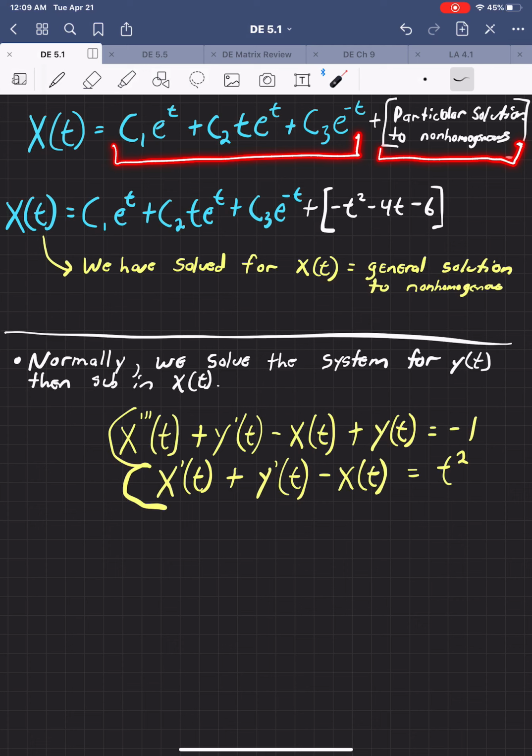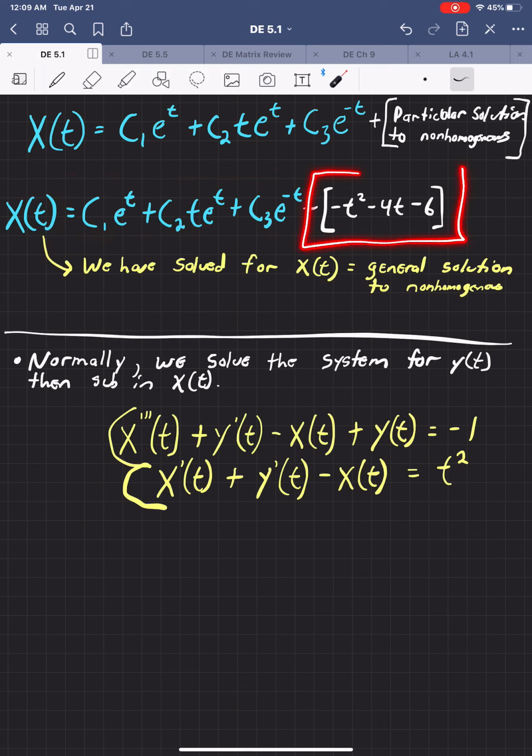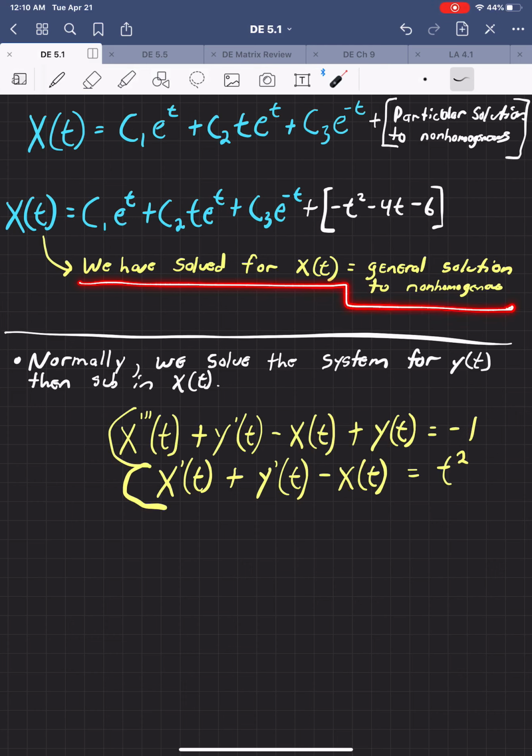So all I'm doing now, what you're seeing, is I already had from previous work, from the previous video, the general solution to the homogeneous, but I needed to add in the particular solution to the non-homogeneous. And voila, I have my x of t. Okay, so that's the general solution to the non-homogeneous equation.